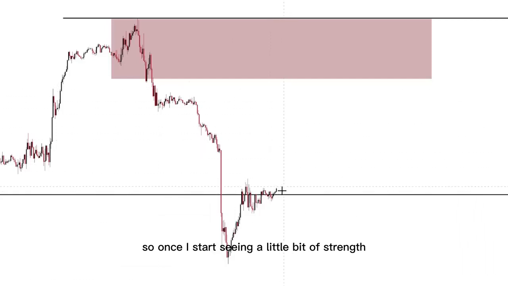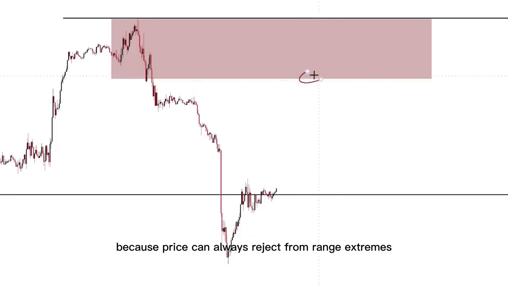So once I start seeing a little bit of strength going bullish on a structure basis, you can say you have a bullish bias all the way up to here because price can always reject from range extremes.